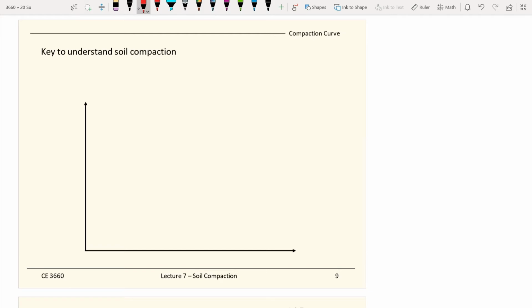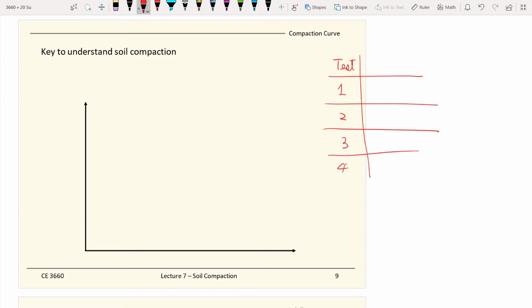Again, it's not just one test that allows you to construct the compaction curve. It's at least 5 to 6 tests. So what you will do is you will have 5 to 6 compaction tests right there.